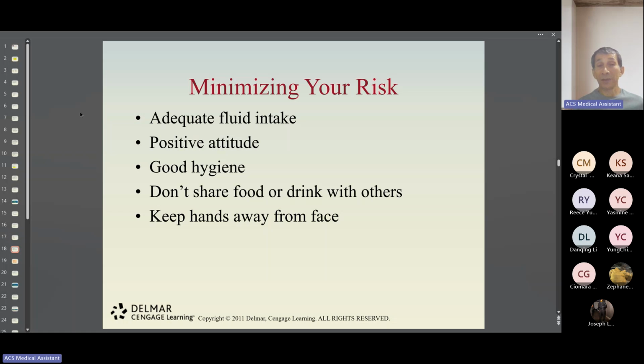But if my level of activity is different, I work in construction, I run, I'm a sports person, I use my muscles. Well, my muscles use more fluid, so I need to replenish those liquids. So fluid intake, definitely. You have to talk to your doctor to see what is the adequate amount of fluids you should be taking, or talk to your dietitian.